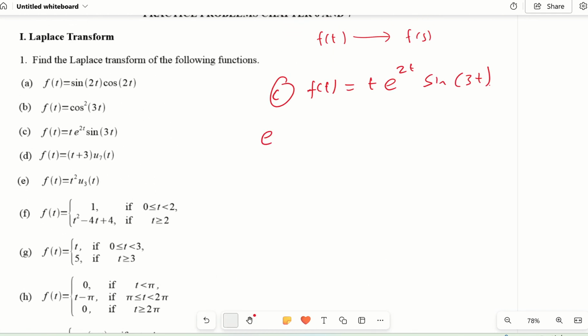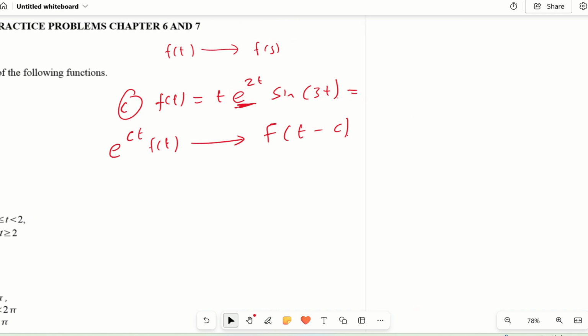So it says e to the ct f of t is going to yield F of s minus c, right? And when you look, we have this one. So we can write it as e to the exponent of 2t, t sine 3t, right?